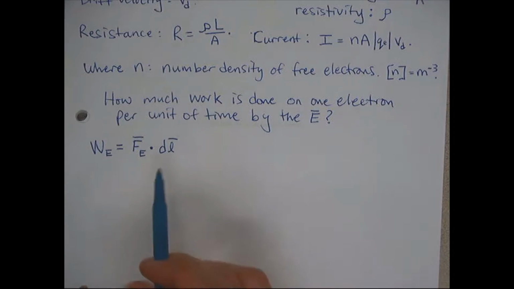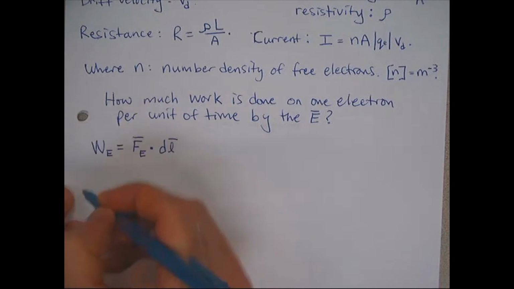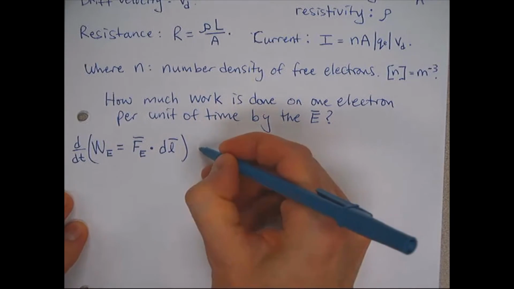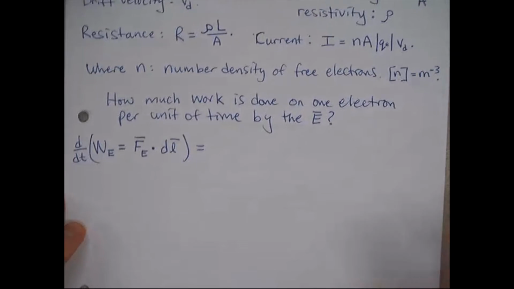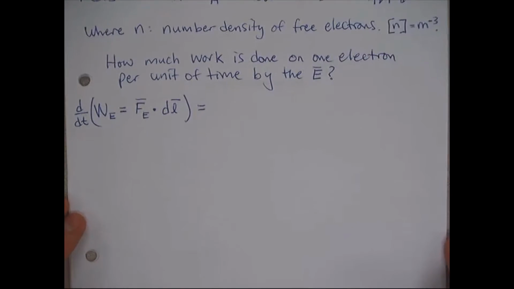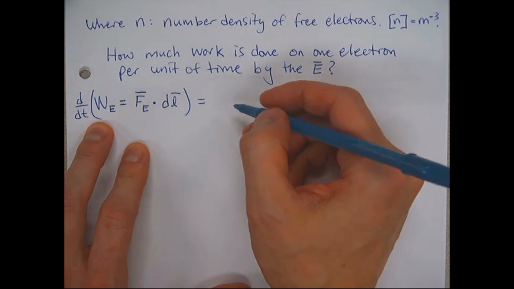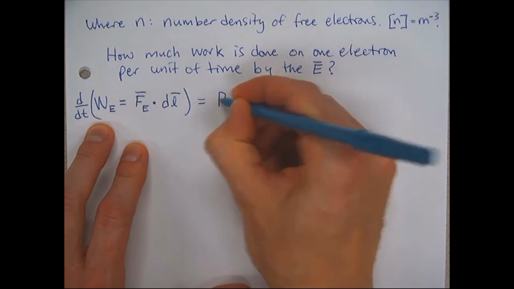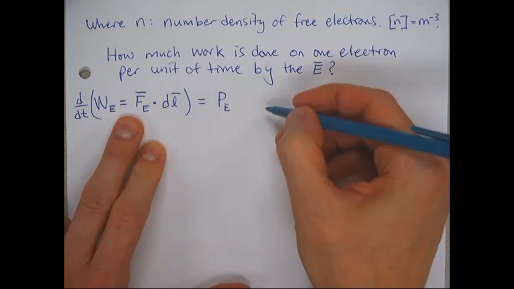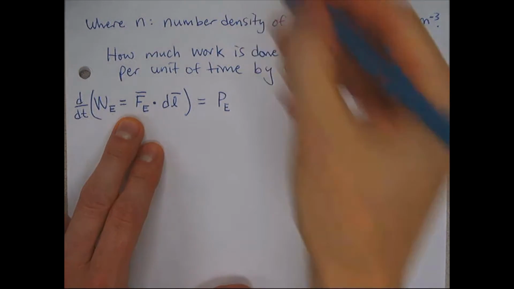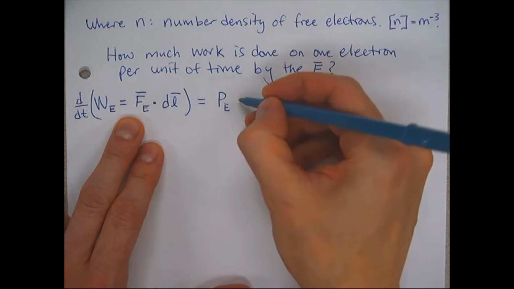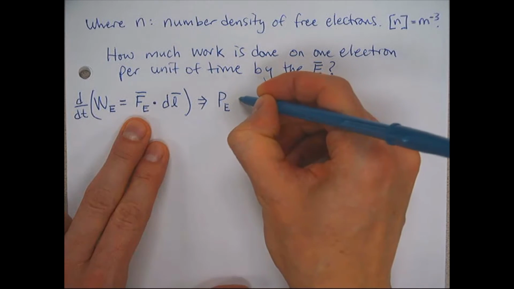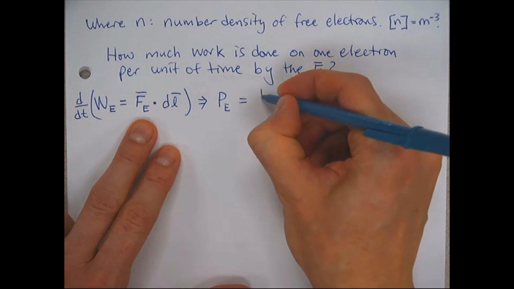So how much work is done per unit time if we take a time derivative of this expression? Of course, our force is constant in time. What is the time derivative of work? That's the rate at which work is being performed. We call that power. So the power input to the electron by the electric field is d by dt.